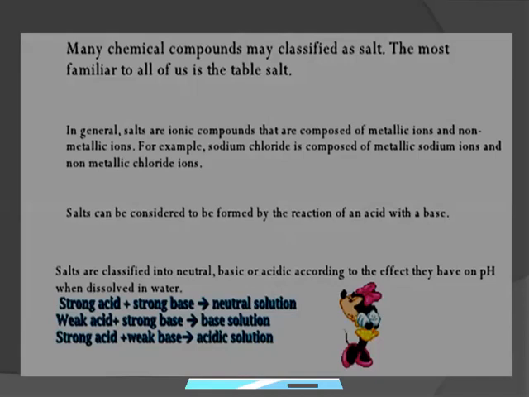Salts can be considered to be formed by reaction of an acid and a base, also reaction of metals with dilute acids. Salts are classified into neutral, basic, or acidic according to the effect they have on pH when dissolved in water.